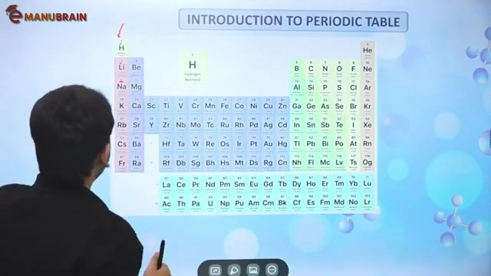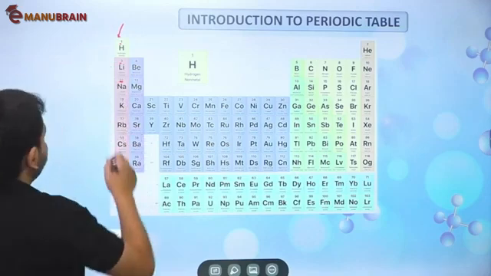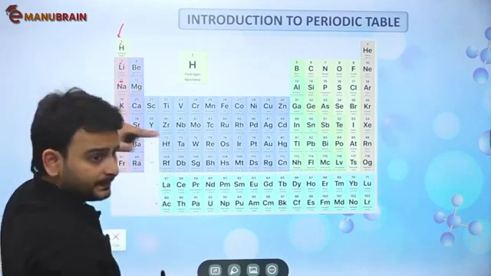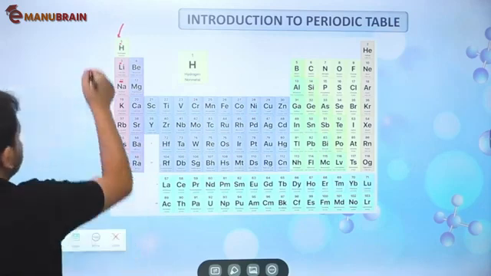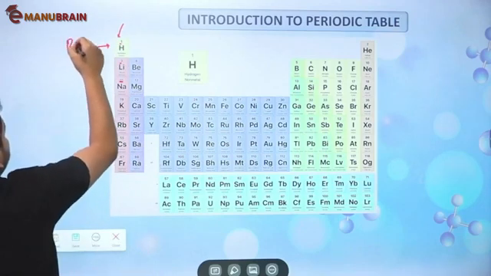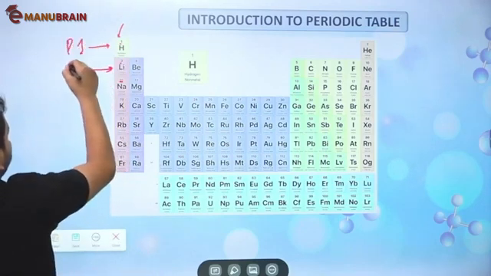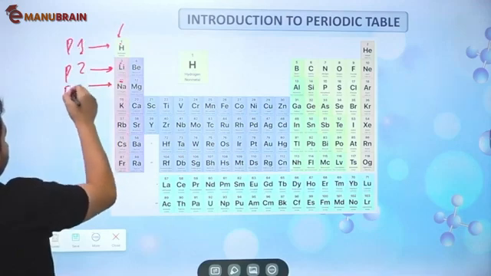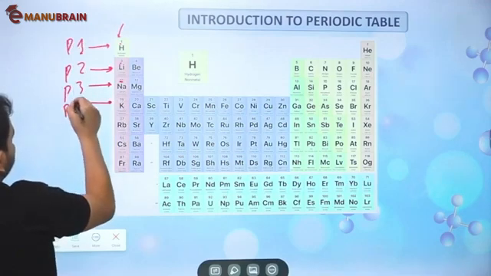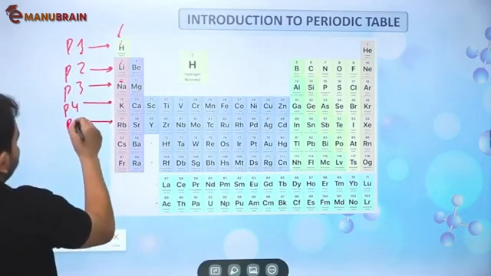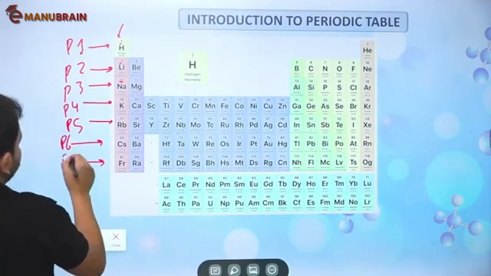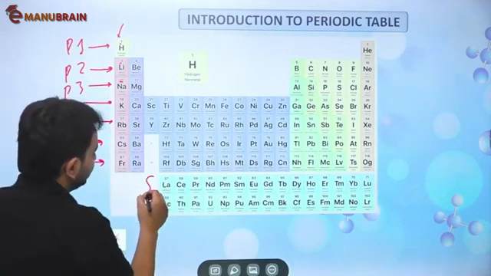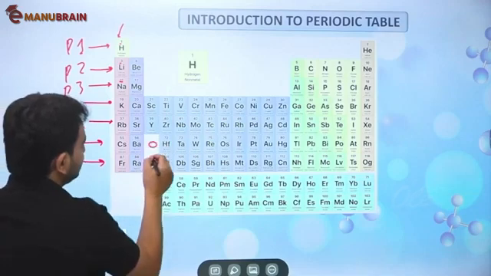This horizontal arrangement, the rows, are called periods. So this is period 1, period 2, period 3, period 4, period 5, period 6, and period 7. This is not period 8 and 9, guys. This fills over here.